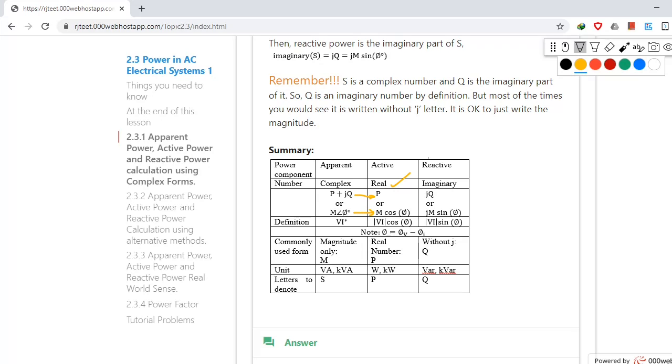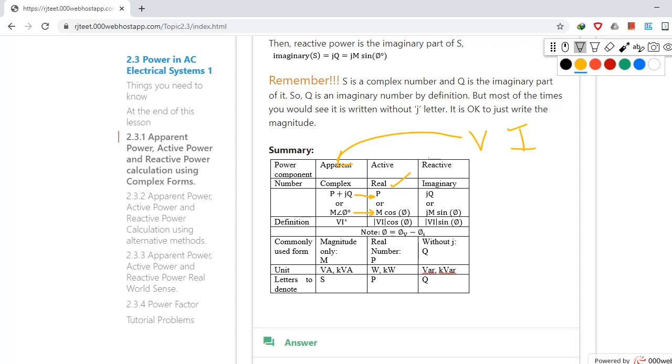And let's say you have been given the voltage and current values in their complex form. For instance, you know the voltage complex value and the current complex value. In such situations, you really don't have to calculate the apparent power first. Maybe that's one method.